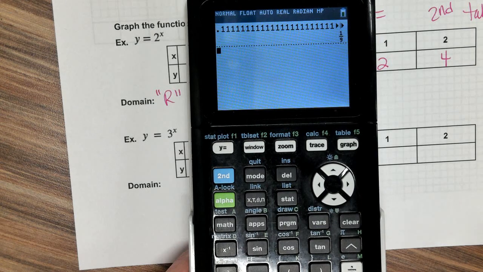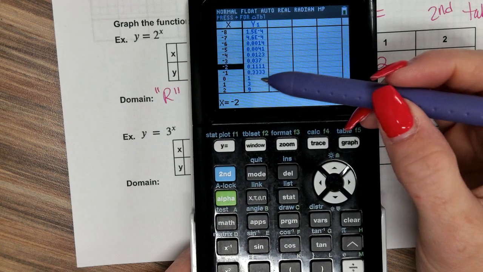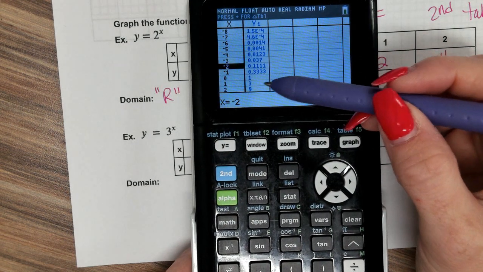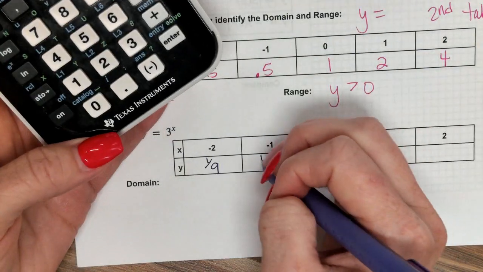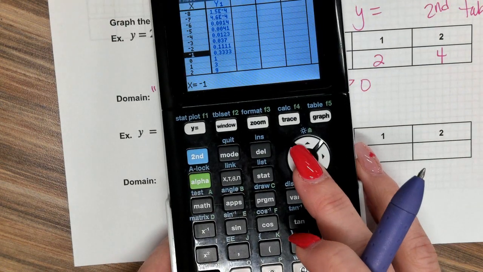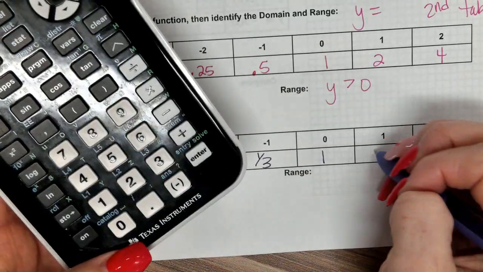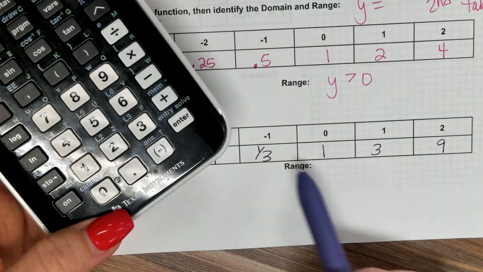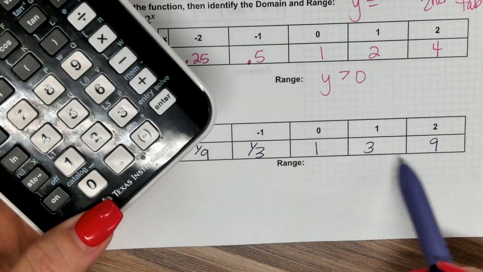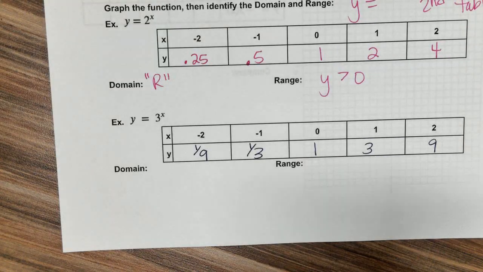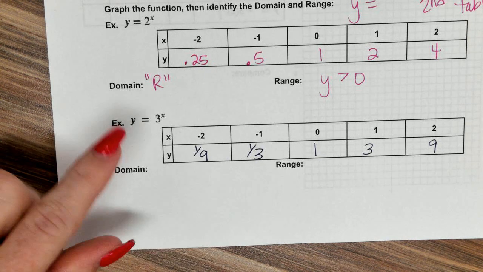It's a 9. Just so y'all see. All right, what is 0.3 repeating? A third. And then 0, 1, 1, 3, and 2, 9. Question, what is it being multiplied by every single time? 3. Very good.